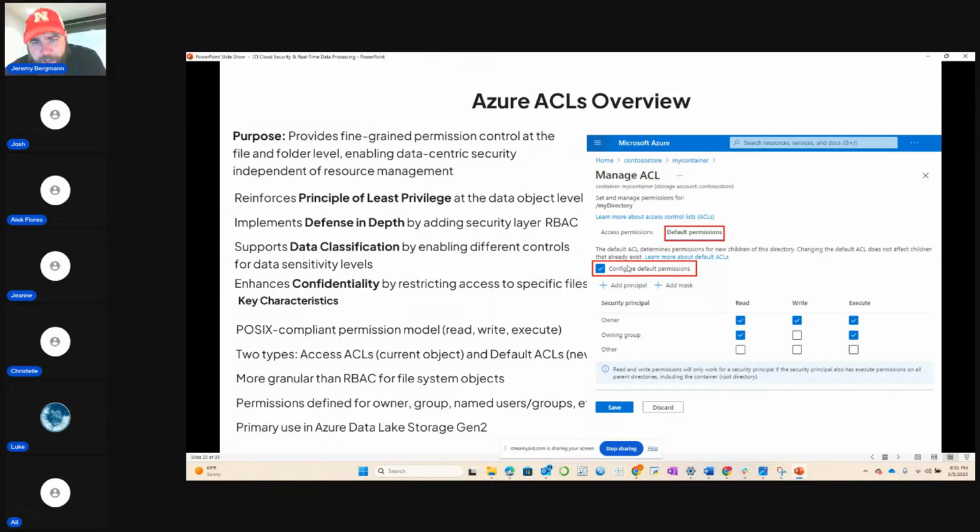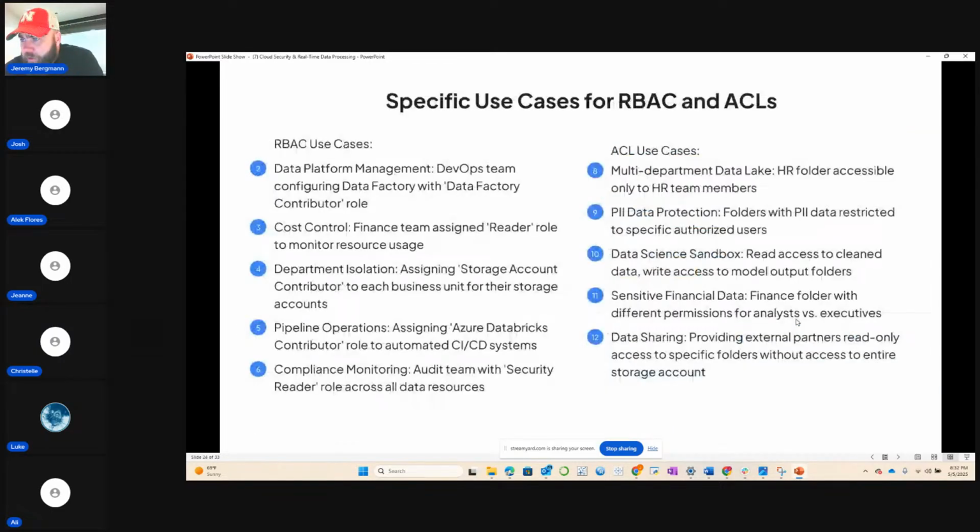You could go into that and set access for certain users in the access control list, and then give them different default permissions to read, write, and execute your folders.